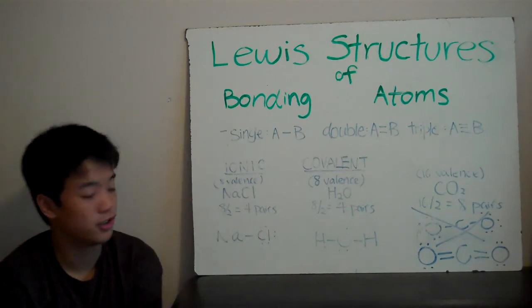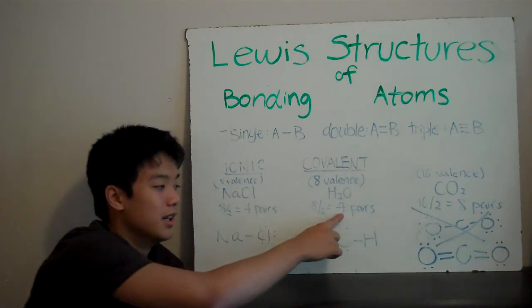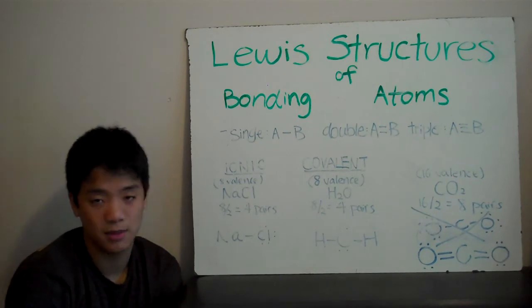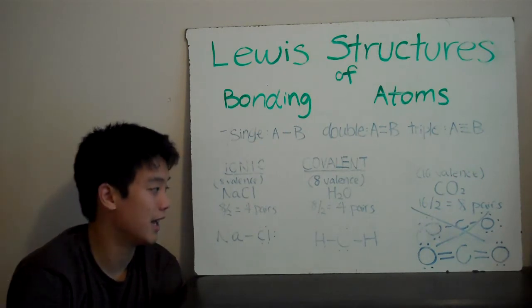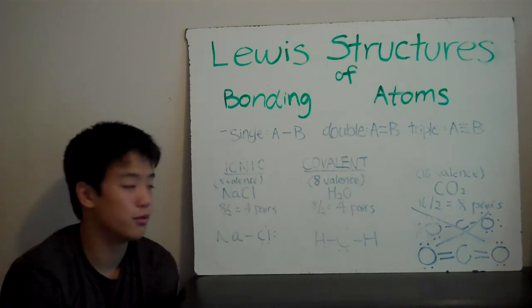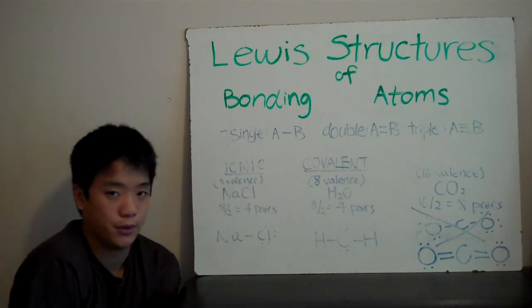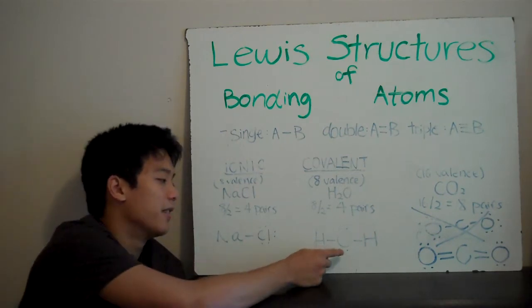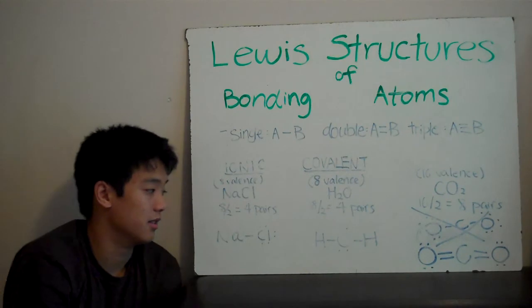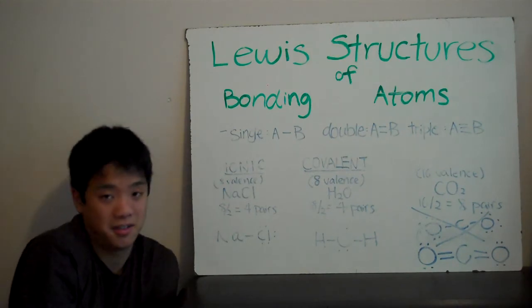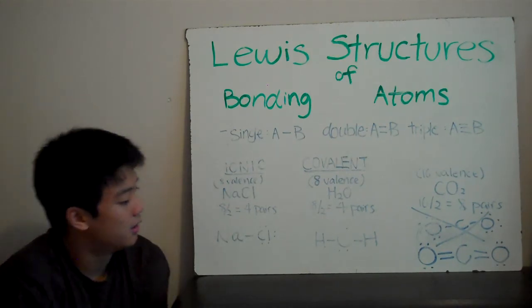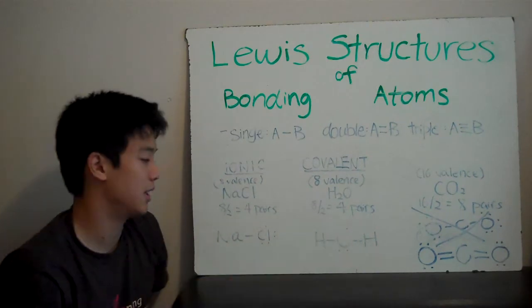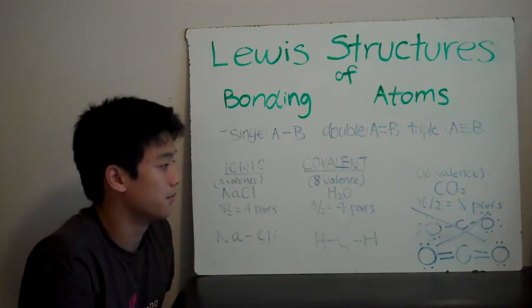Since the 2 single bonds already use up 2 of the electron pairs, this leaves us with 2 remaining electron pairs. How do we use them up? We draw them as free electron pairs around the oxygen atom, and this coincidentally helps fulfill the octet rule in the central oxygen atom.